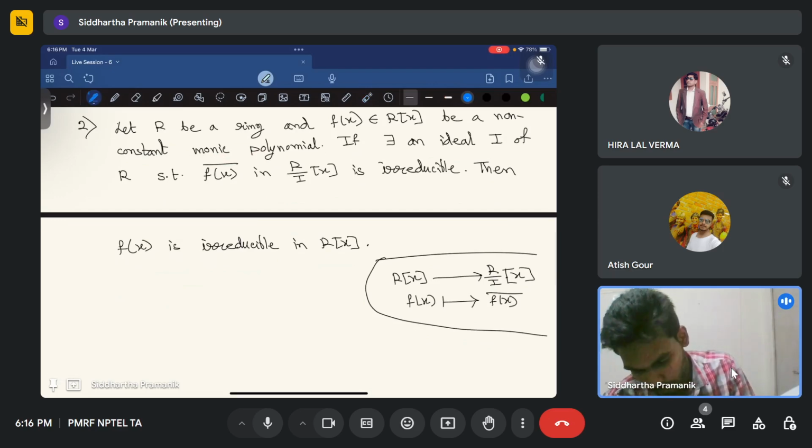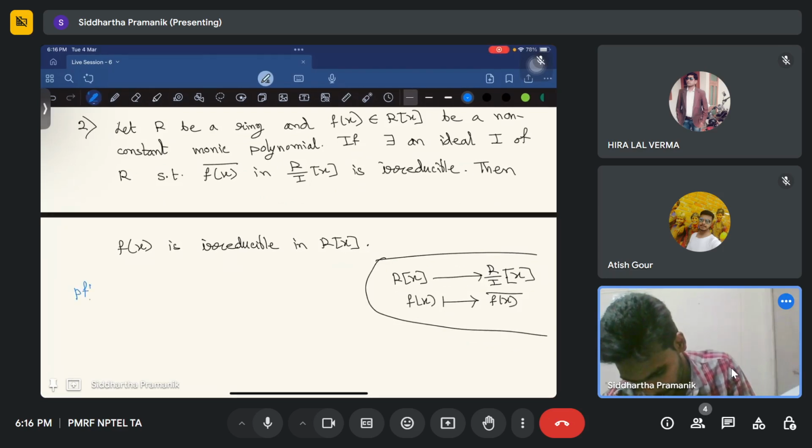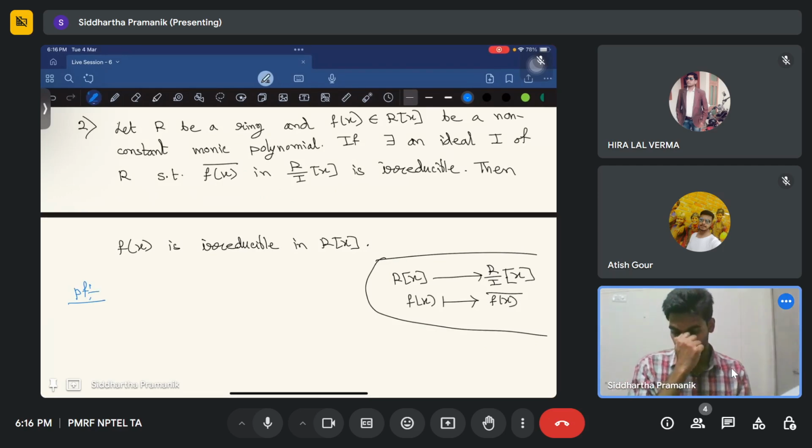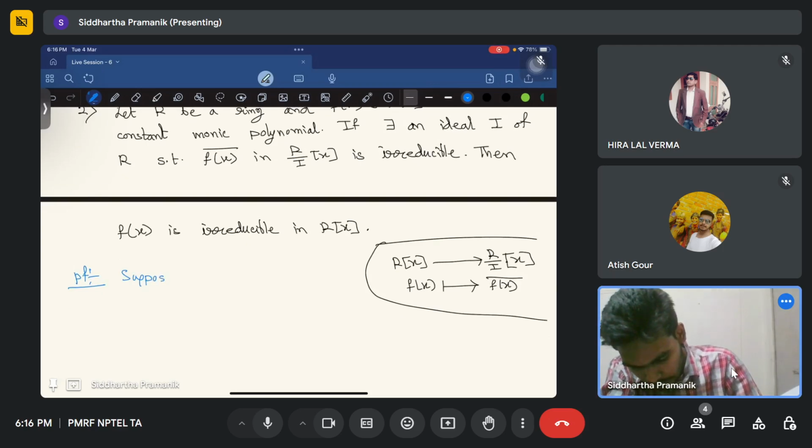Okay, let's prove this. We will prove this by contradiction. Suppose f(x) is not irreducible in R[x].